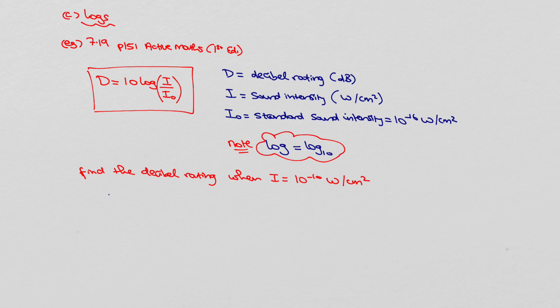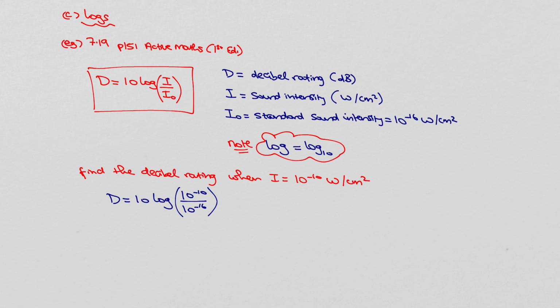Okay, so subbing in our values, we have D is equal to 10 log, I is 10 to the minus 10 over I0, which we're given is 10 to the minus 16.